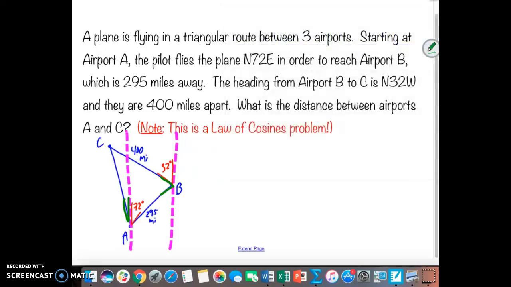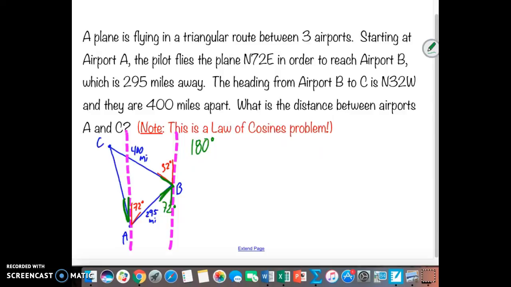From geometry, we know alternate interior angles, so the 72 degree angle measure, and the angle measure that lines up with the dotted pink line and the blue triangle is 72 degrees. So now we know supplementary angles must add up to 180 degrees.